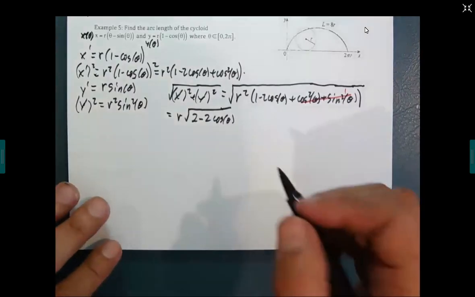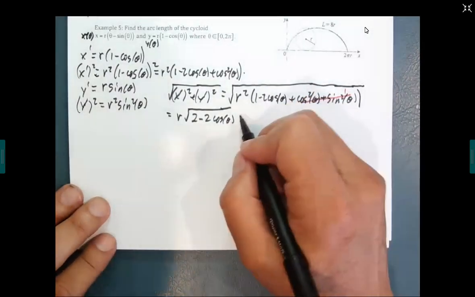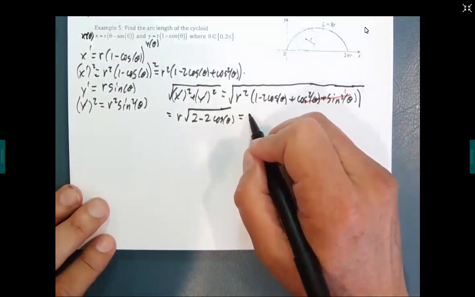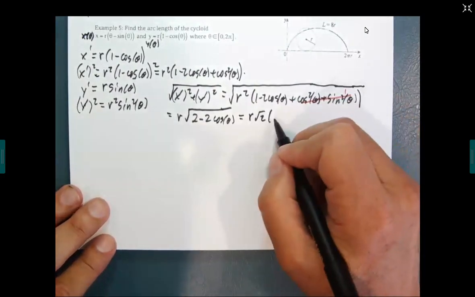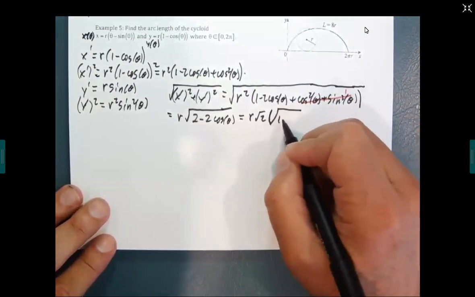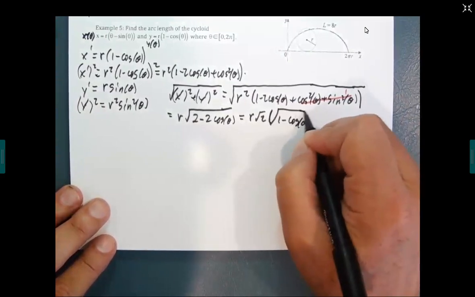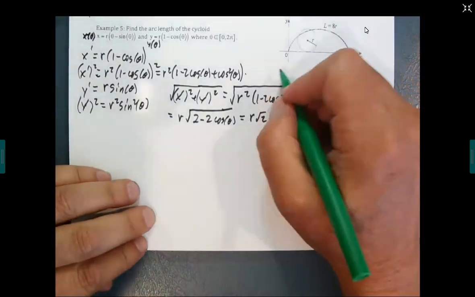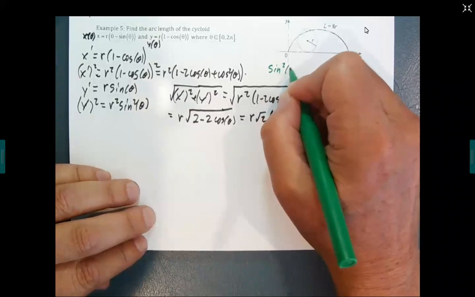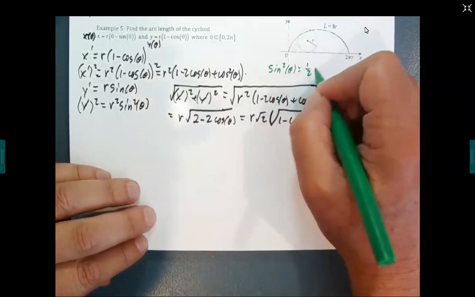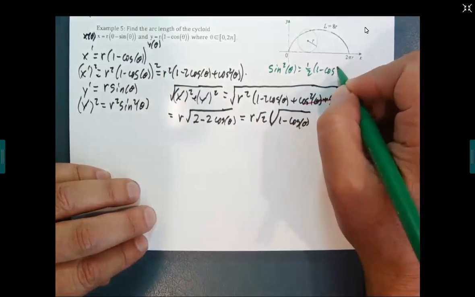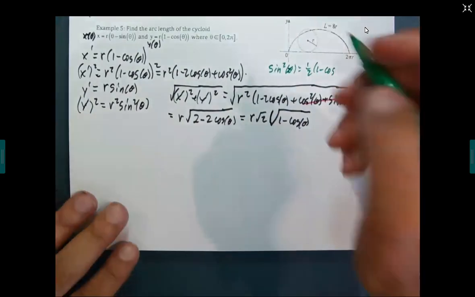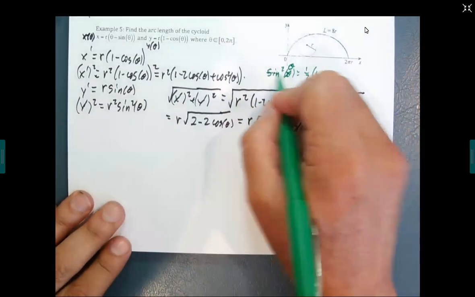And I'm going to notice that, so r root 2 and then square root of 1 minus cosine theta. Now, I'm going to use this rule here. Let me start that again.